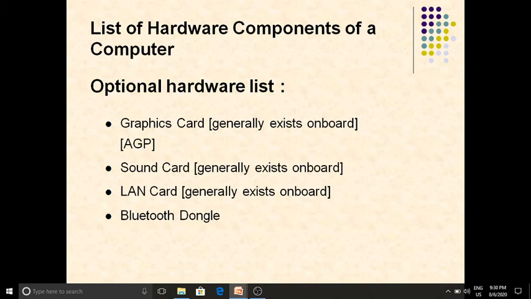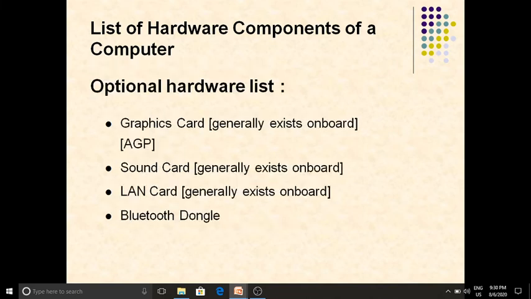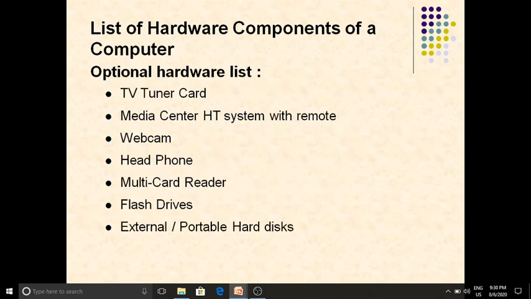The other optional hardware includes the TV tuner card, media center HT system with remote, webcam, headphone, multi-card reader, flash drives, and external or portable hard disks.